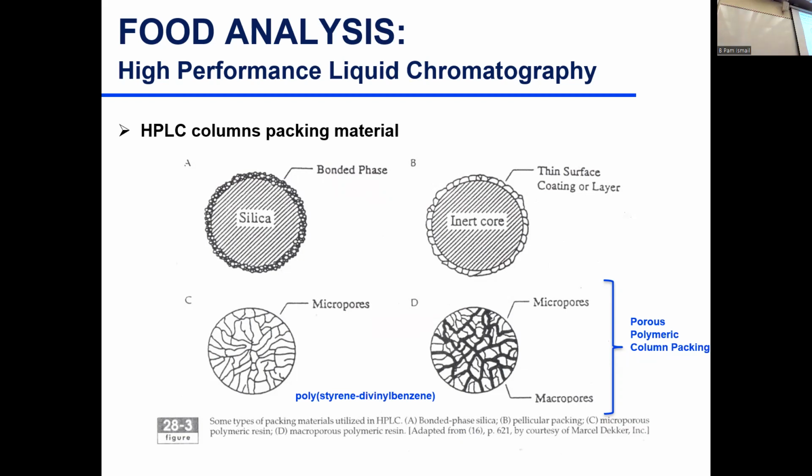The other kind is polymeric, which can be made of a polysaccharide type of resin. You can either have micropores, very highly chained, with very small pore size for small molecules, or it can be macropore, a very loose polymer with large pore size for large molecules like large carbohydrates and large proteins.